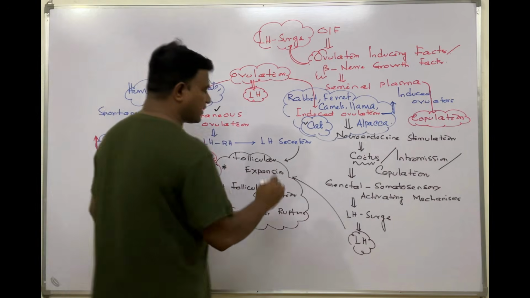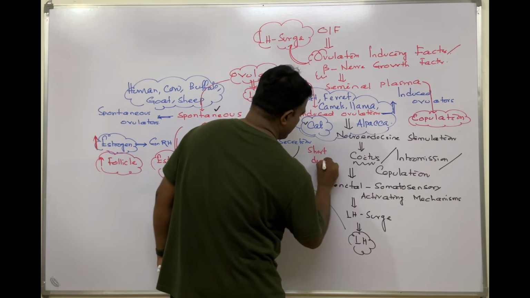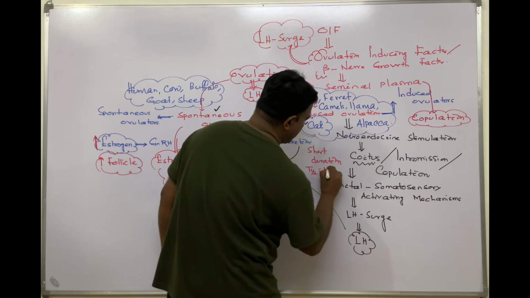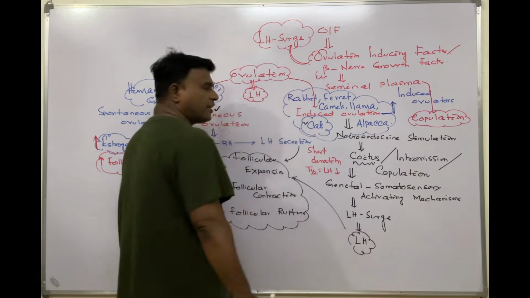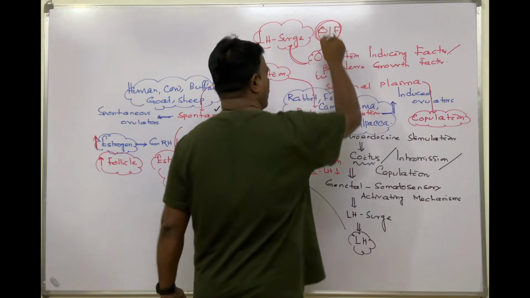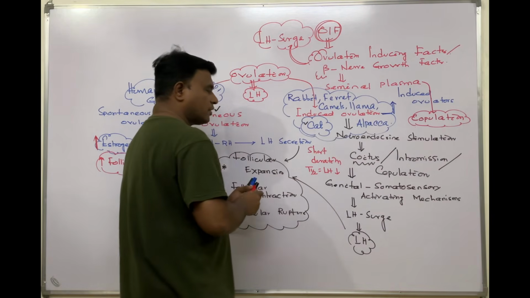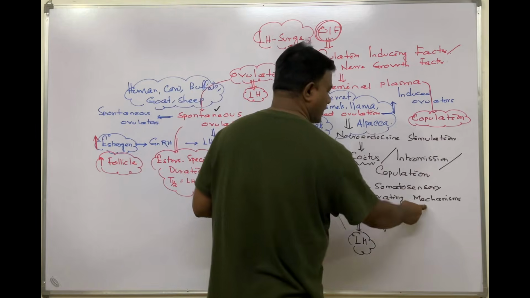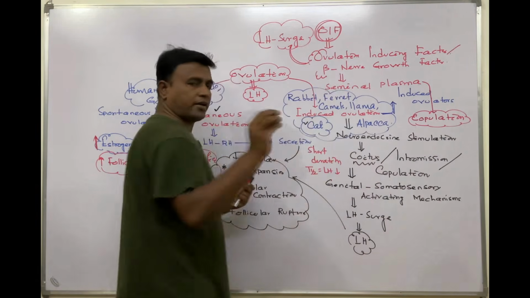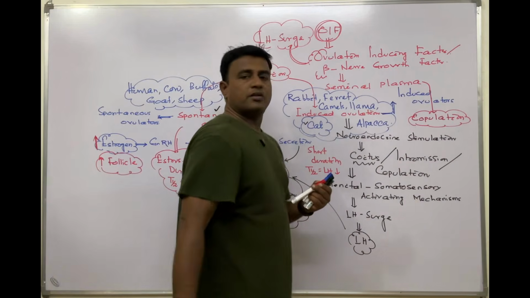But in the other case, it is a short duration first of all, and the half-life of LH is low. I can say that with the OIF, the stimulation is almost half that of coitus. So the coitus, that is the genital somatosensory activating mechanism, as well as the ovulation inducing factor of the seminal plasma, both stimulate the secretion of LH.